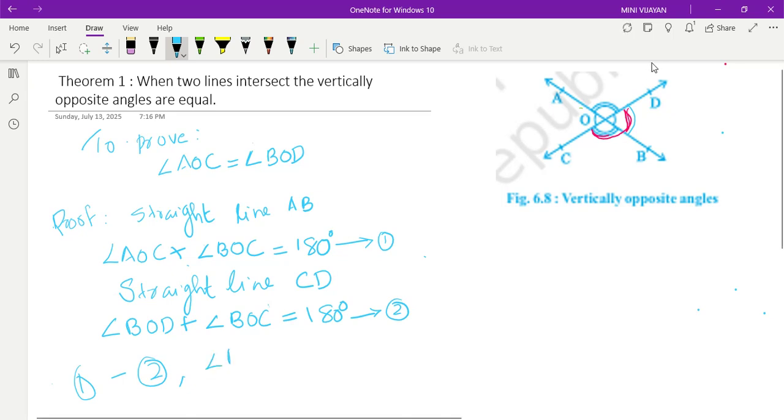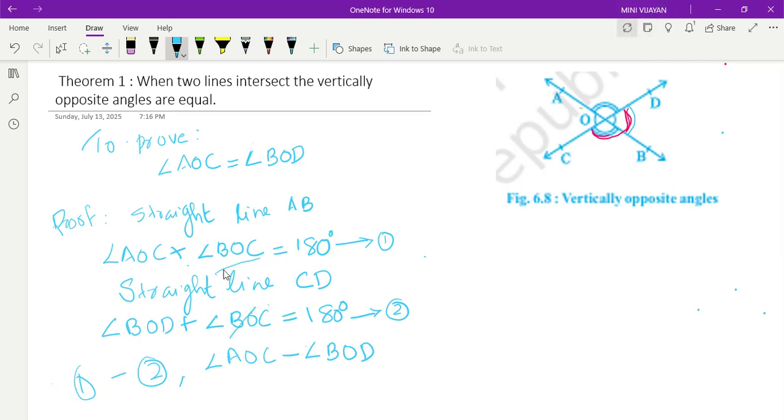Angle AOC minus angle BOD. Then angle BOC minus angle BOC. Here one angle BOC is there, here is also another BOC.